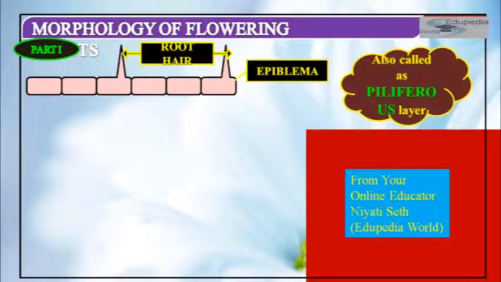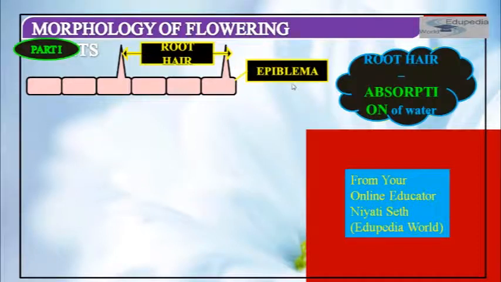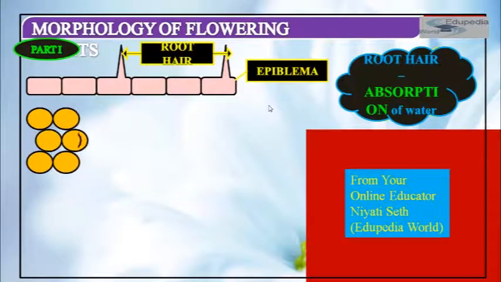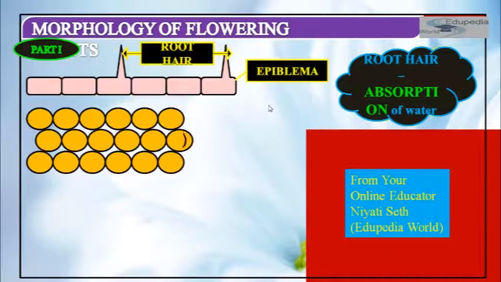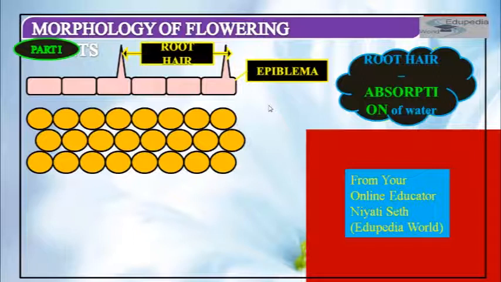Now the second layer is cortex. Students, cortex is the major component of the ground tissue of the root. It is represented by several layers of loosely arranged parenchyma cells. Intercellular spaces are prominent, as you can see.